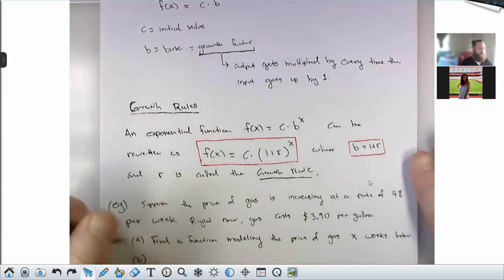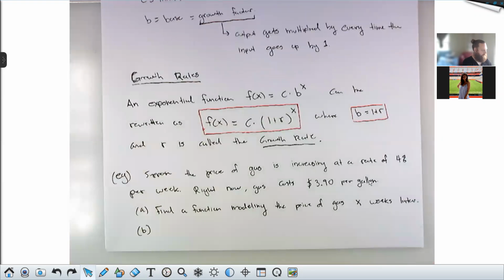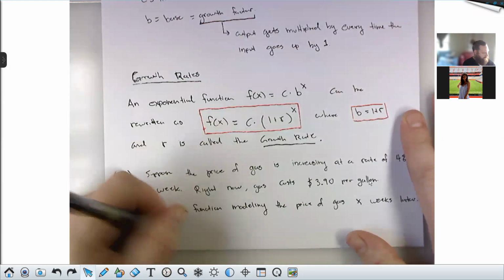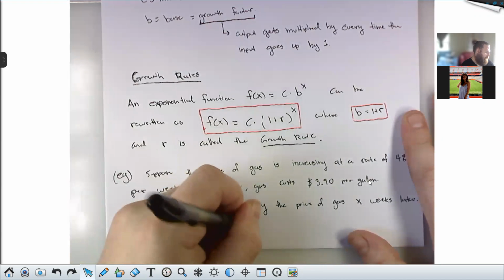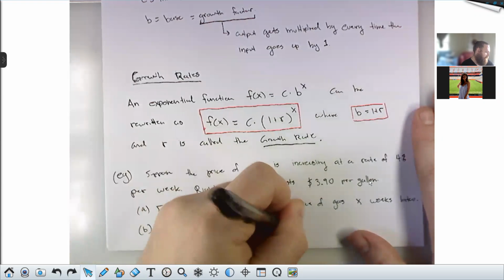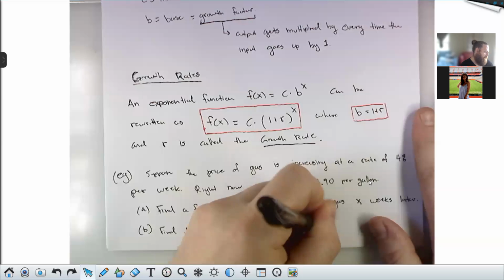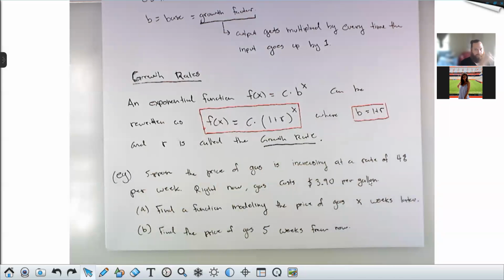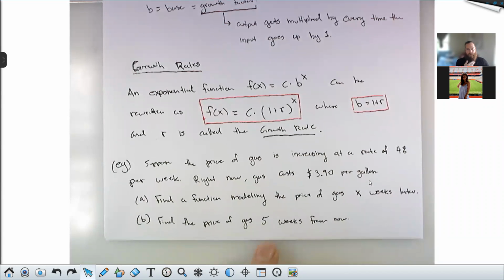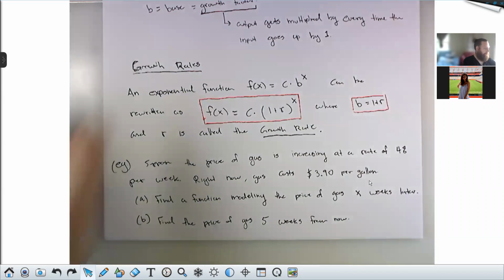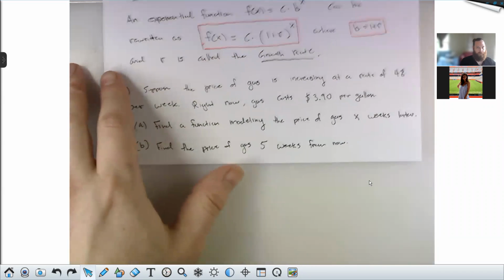And also, I'd like to find the price of gas, say, five weeks from now. So a little bit of critical thinking could get us there even without the formula. I want to walk you through that logic to help you understand where the formula comes from, and then we'll approach this as you might on an exam or something.